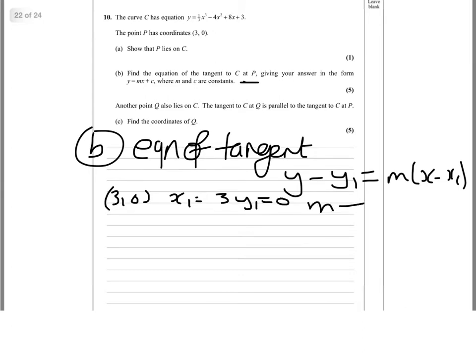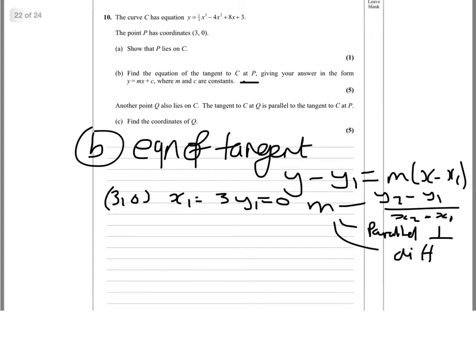Now when you're looking for m, you're checking: are you going to be using your formula for whenever you have 2 points, or does it mention parallel or perpendicular, or is it differentiation? And because we have a curve, and this question only gives 1 point, it's definitely not this one, so therefore differentiation.